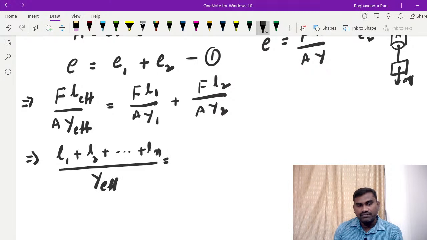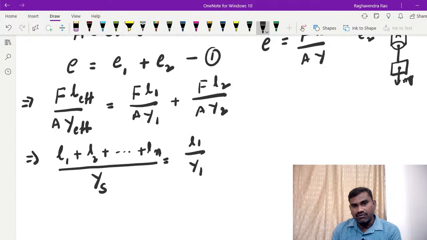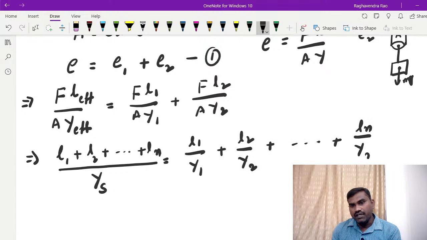As this is a series combination, Y effective, the Young's modulus in series combination of wires, is equal to L1 by Y1 plus L2 by Y2 plus so on plus Ln by Yn.